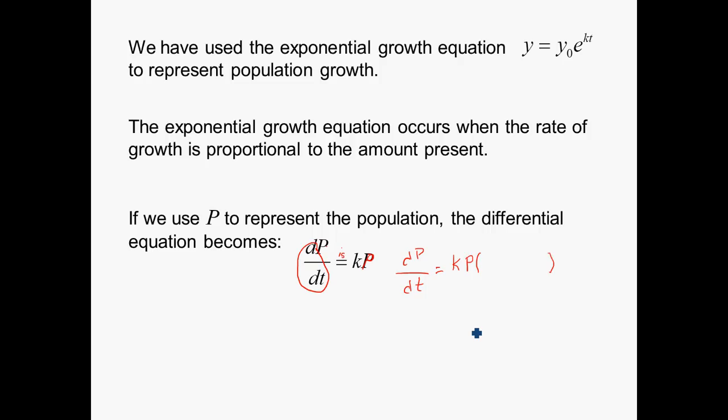So I want you to think about if I had a 1 in here. If you're multiplying the differential equation Kp for the exponential growth by 1, isn't that still exponential growth? True?